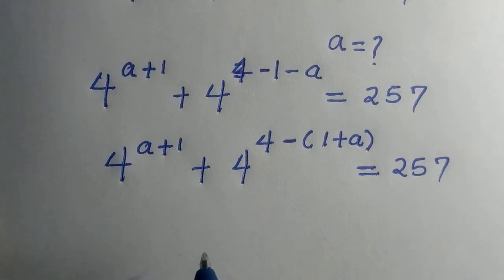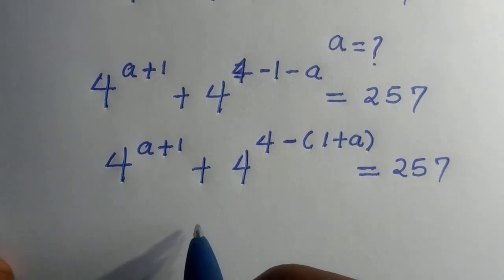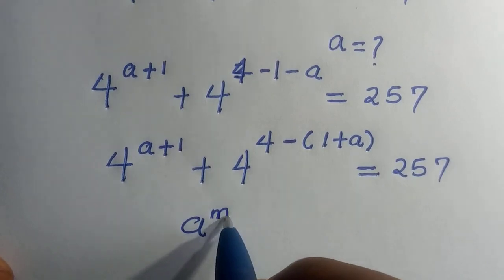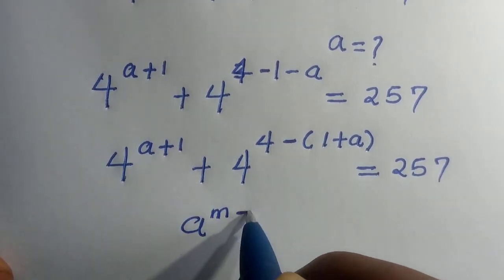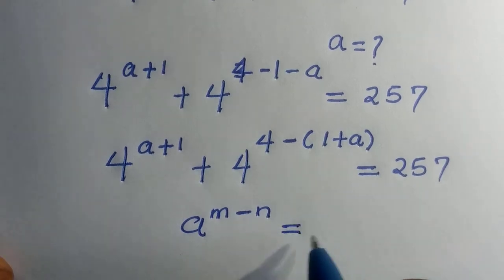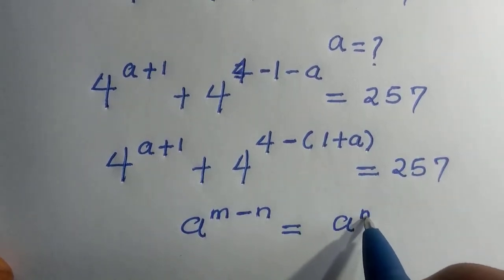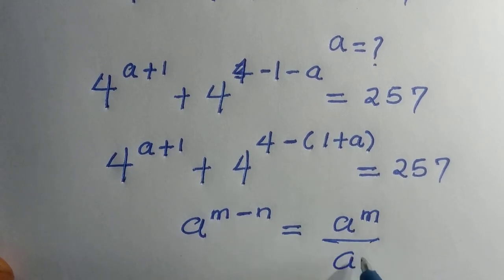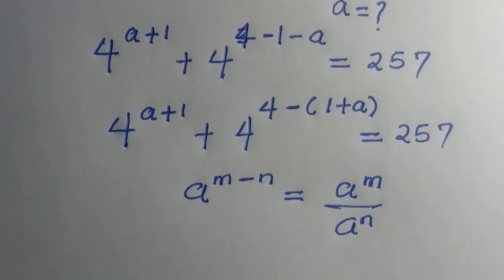And suppose we have a raised to power of m minus n. This is the same thing as a raised to power of m divided by a raised to power of n.